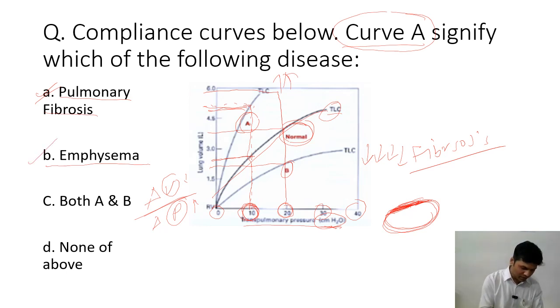So here, curve A is actually emphysema, and this is not a good condition, in which the residual volume increases and the whole graph shifts to a higher level. Residual volume will be very high in that case, total lung capacity will increase, and the chest will be barrel shaped. We'll discuss that part later. So here the answer will be only emphysema.